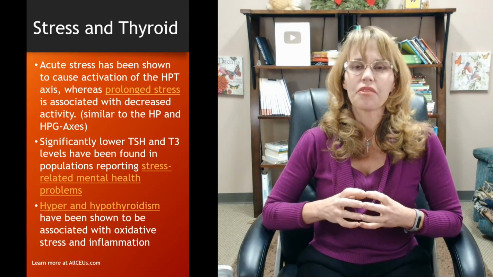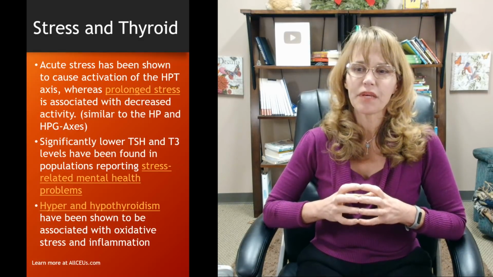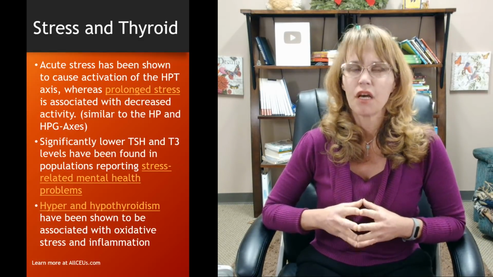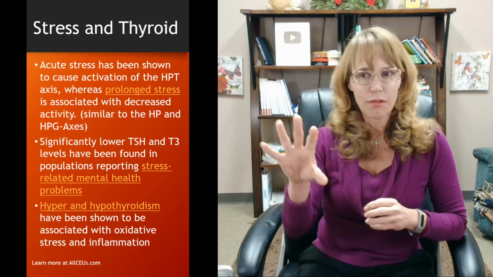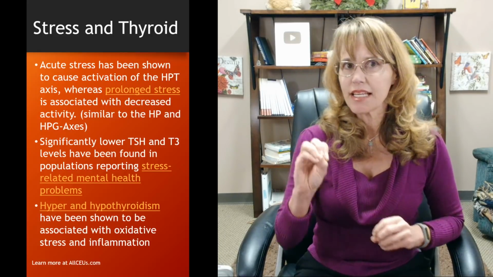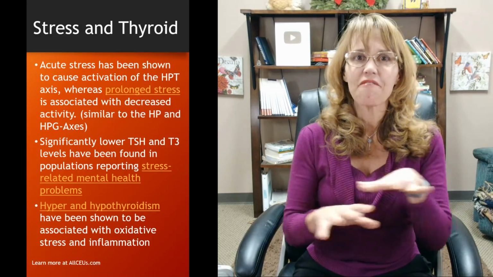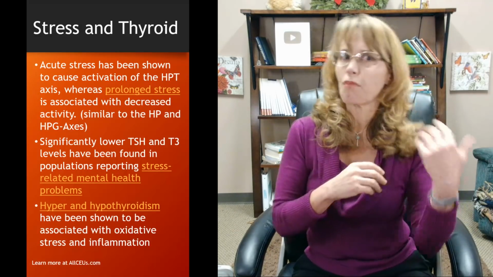Significantly lower thyroid stimulating hormone and T3 levels have been found in populations reporting stress-related mental health problems. So in people with stress-related mental health problems, what we're seeing is the HPA axis has gone into that flat area where it's just not responding very much.